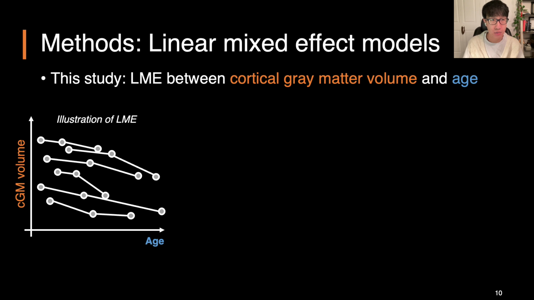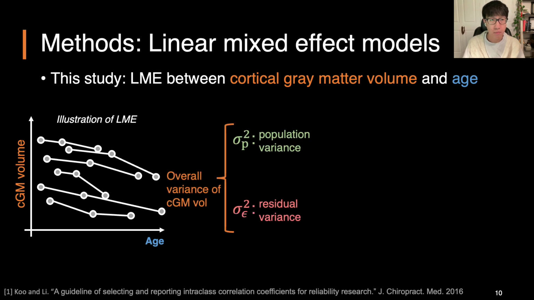With this LME model, we can parcellate the overall variance of the cortical gray matter volume into two parts. Number one, we call it population variance, and this models the natural variation of the cortical gray matter volume. And the second part of the variation is called residual variance. And this models how noisy our observations are.